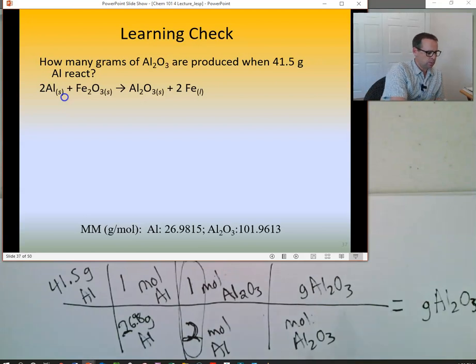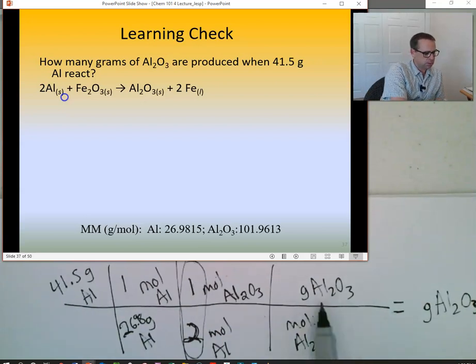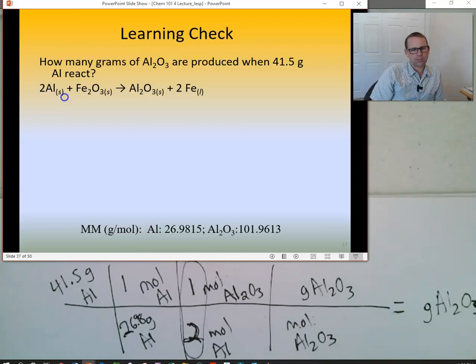Now, what is this business saying? Grams of aluminum oxide per mole of aluminum oxide? What number goes in there? Well, we know the 26 is for aluminum.